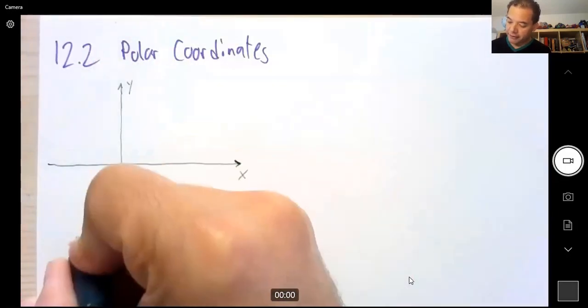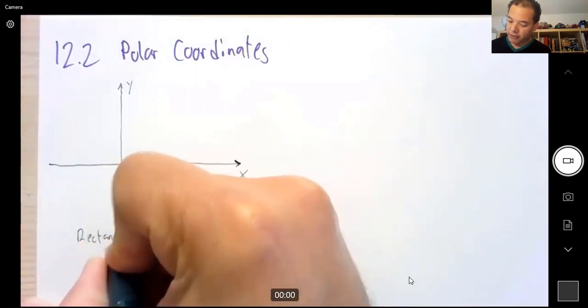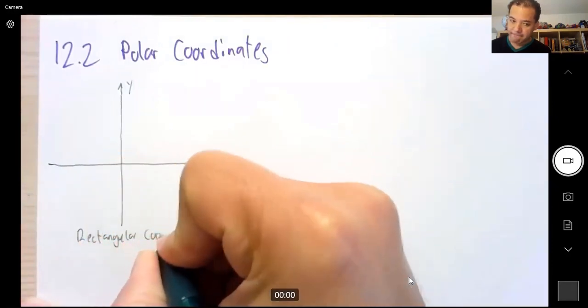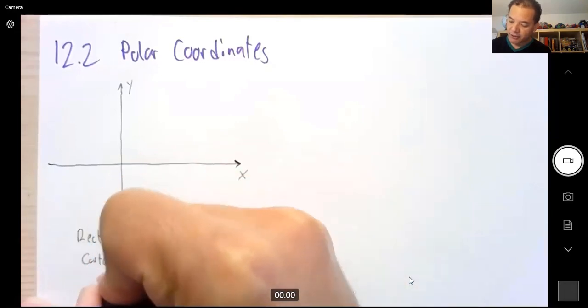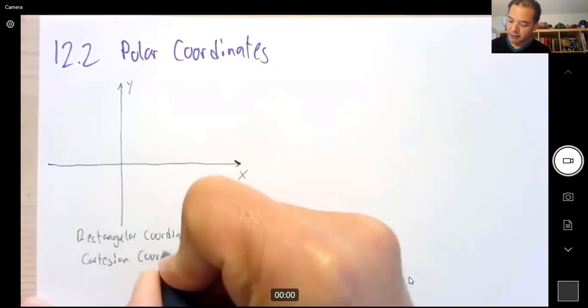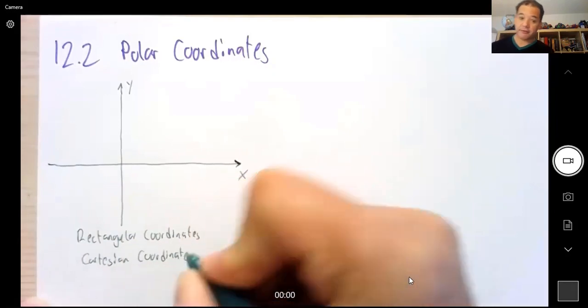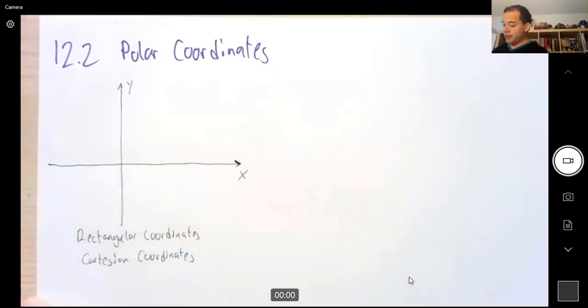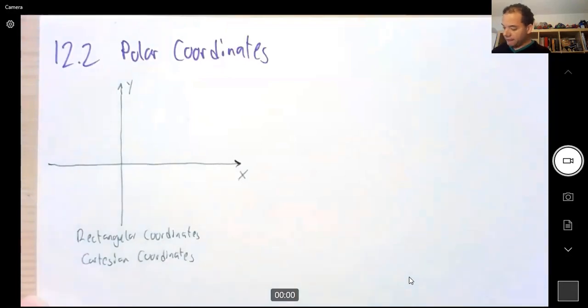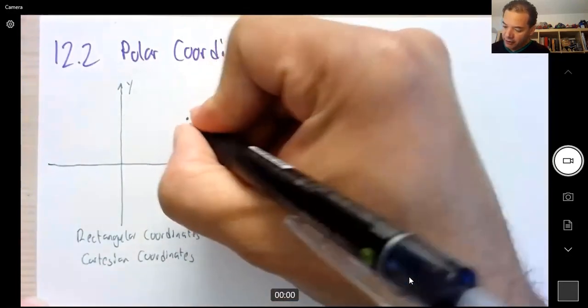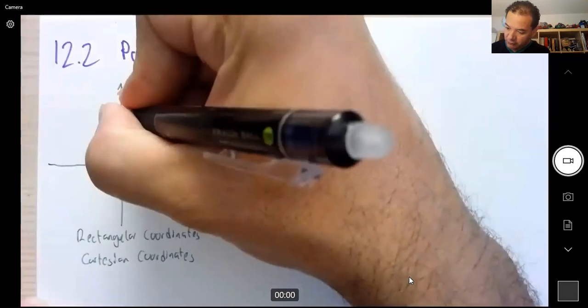We call these the rectangular coordinates or Cartesian coordinates in honor of René Descartes. Okay, and you know how this is done. You essentially look for a particular point. You need to identify its x coordinate and its y coordinate.